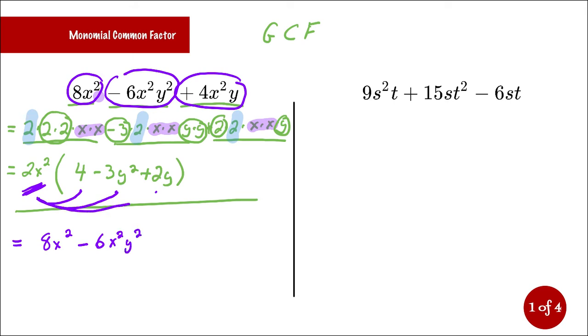And 2x squared times my third term becomes 4x squared y. So it looks like my check equals my original. So that means I have prime factored and then found my greatest common factor successfully.